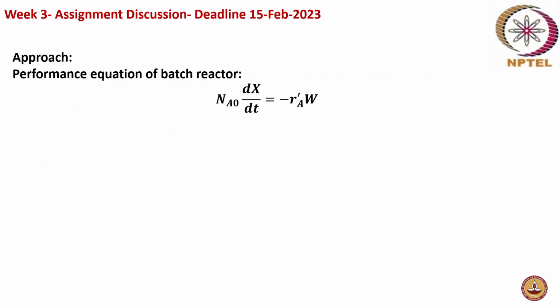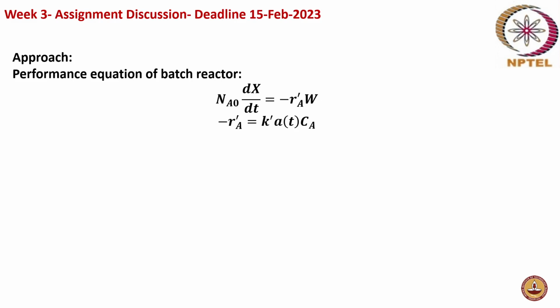Once you write the performance equation, they have given that it is a first order reaction. But the activity of the catalyst is also involved, because they have given some expression for decay of the catalyst. So obviously we have to incorporate that catalyst decay into the rate law expression.